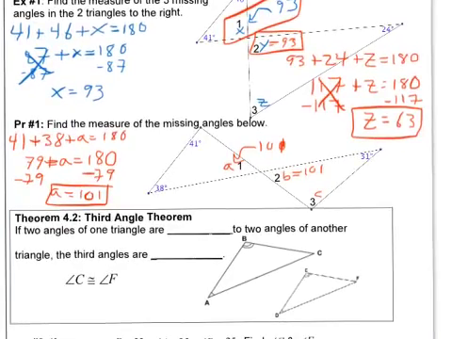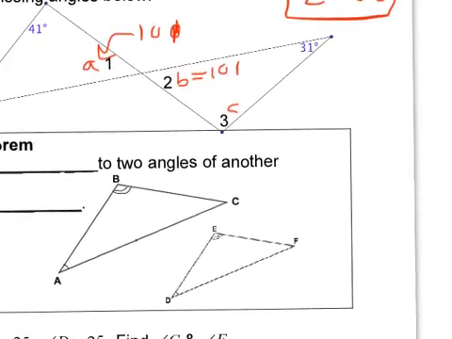Okay, let's go to this next one over here. Let me zoom in. I have 101, 31, and C. So let's do this one back in blue. 101 plus 31 plus C has to equal 180. 101 and 31 is 132, plus C equals 180.